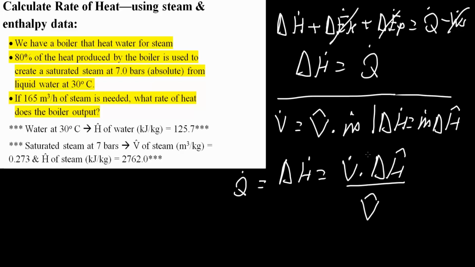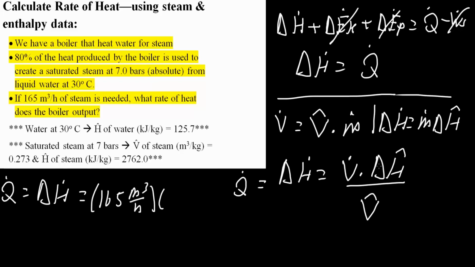And now let's replace these numbers with the numbers that we were given. So we will say that Q is equal to delta H, which is equal to the volumetric flow rate, 165 meters cubed per hour, times delta specific enthalpy.